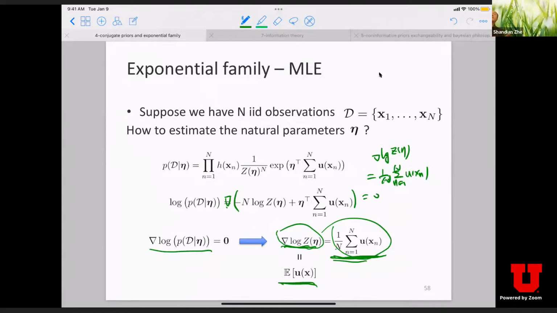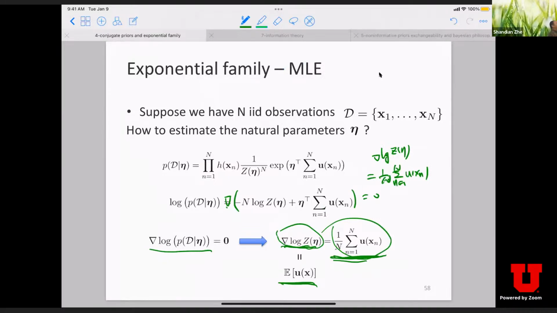Does it make sense? In general, if I want to estimate the chance that I see heads when tossing a particular coin, what should I do? I just toss the coin 100 times, and I look at the result of each toss. It may be 60 times heads and 40 times tails. Then I take the empirical estimate of my mean, which is 60 over 100, which is 0.6, as my estimate for the mean of the distribution.